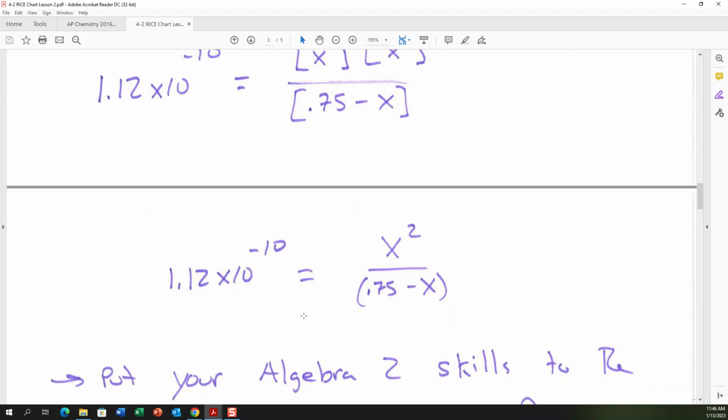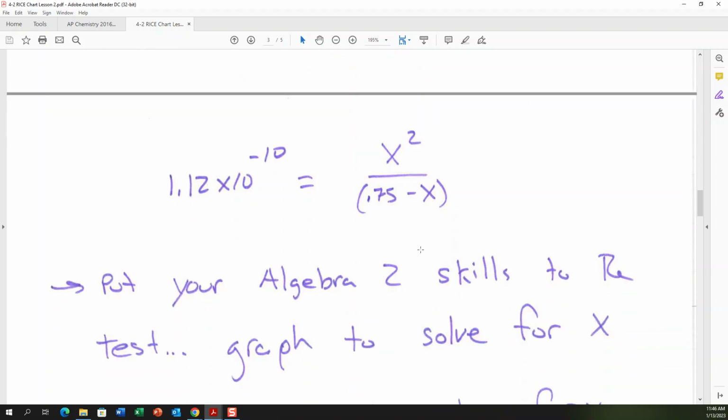But if we were to graph to solve for x here, I would go to my y equals screen on my graphing calculator. I'd put the Ka number in y1, and I'd put this expression in y2. And I'd hit graph, and then what you're trying to do is find the intersection of this curve with that horizontal line at y1.